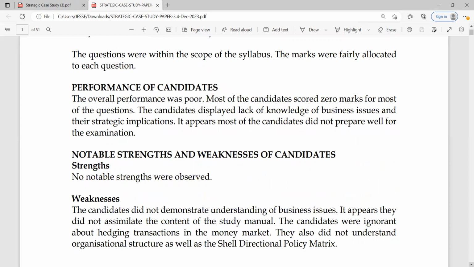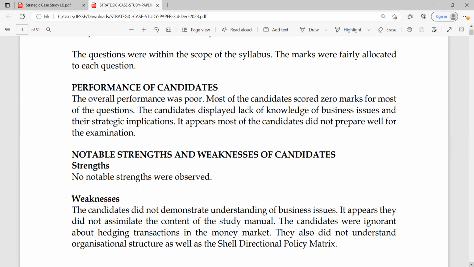Most of the candidates scored 0 marks for most of the questions. The candidates displayed a lack of knowledge of business issues, right? So one of the key things is that candidates did not show that business acumen and what their strategic implications are. Take note of these words, because they are very, very crucial for you to understand exactly how to approach the case study.